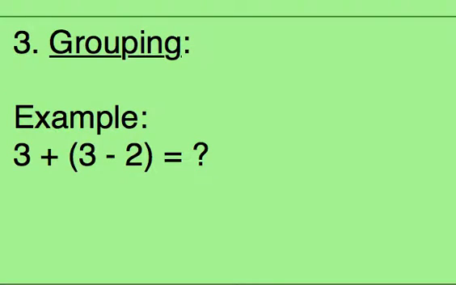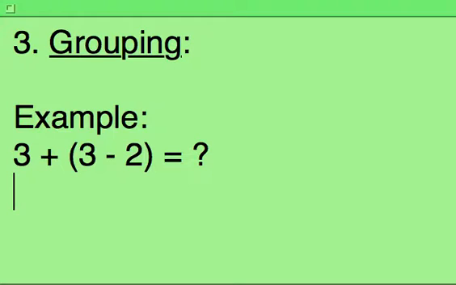So grouping in a way is kind of just the way we decide to organize our math. So here, it's basically just telling you in this that you want to subtract 2 from 3 first, and then you want to add 3 to that total.